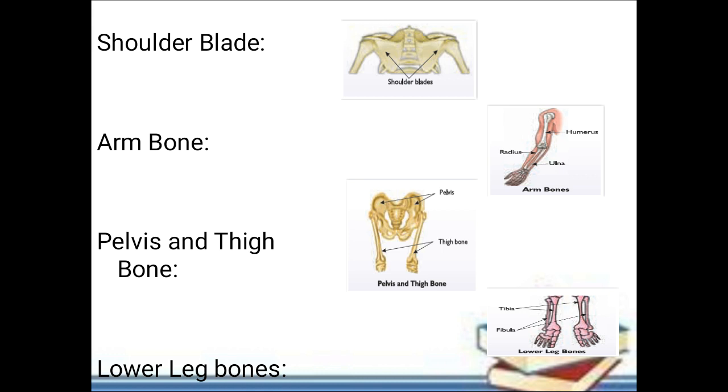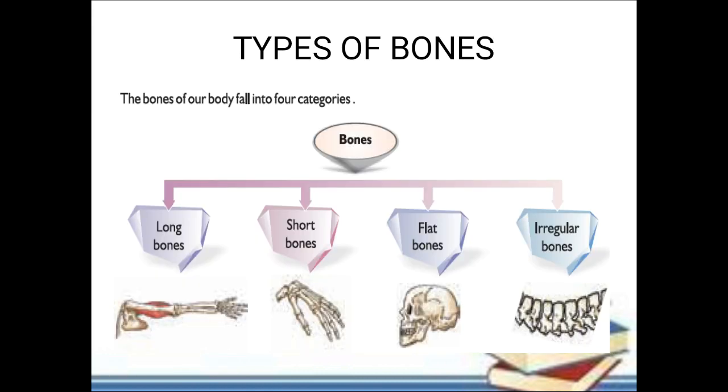It is also called femur. And then coming to the lower leg bones, they start from the knee part to the ankle part. Two bones are present here. One is tibia and another one is fibula. And the feet part contains almost 26 bones. So in our body, our feet and hand parts only have the maximum number of bones.